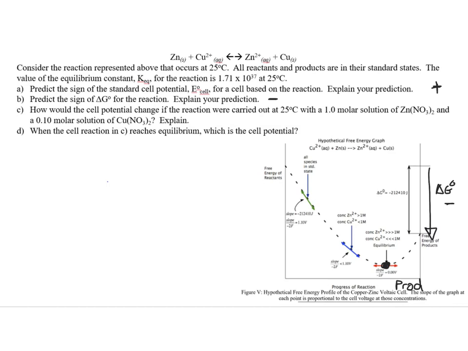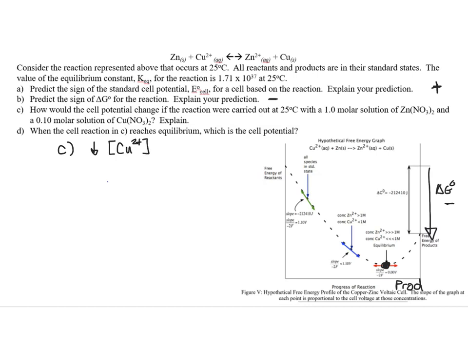Then it says, how would the cell potential change if the reaction were carried out at 25 degrees with a 1 molar solution of zinc nitrate and a 0.1 molar solution of copper nitrate? Explain. So if you think about this with the kind of logic that you were using in the POGL, if we compare the conditions in C to standard conditions, we have decreased the concentration of the copper.